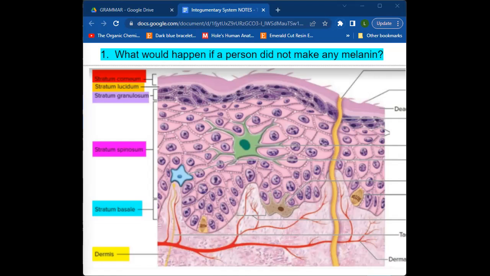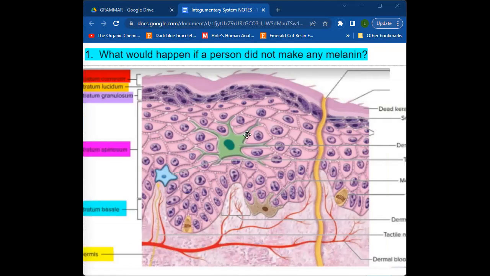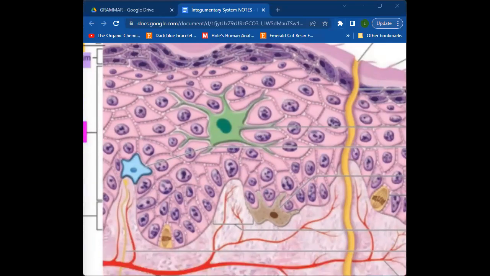And this is also a good diagram to show that there are no blood vessels anywhere in the epidermis at all. The green cell in the middle is a Langerhans cell. So we know that the Langerhans cell eats any dead debris or bacteria that get down into the skin.